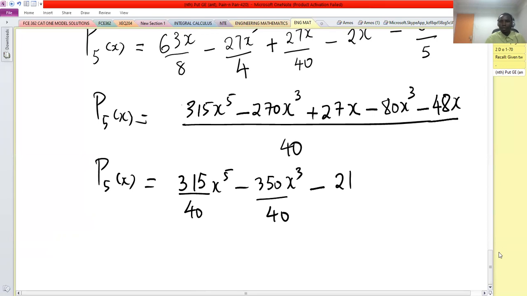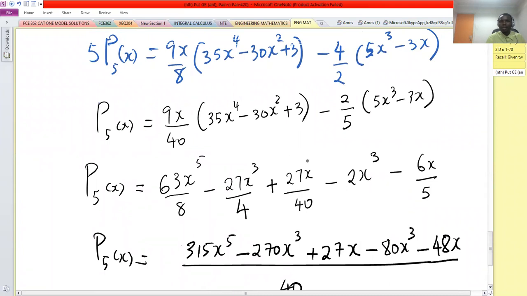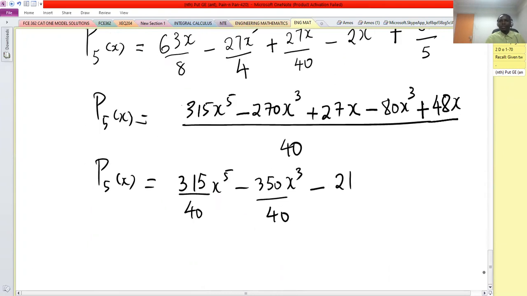So minus 21, that is 9, 27x, 2x, and then 6. So minus, this should be plus. So this minus, then this must be plus sign. So therefore we'll have 27 plus 48 is 75. So we have 75x over 40.